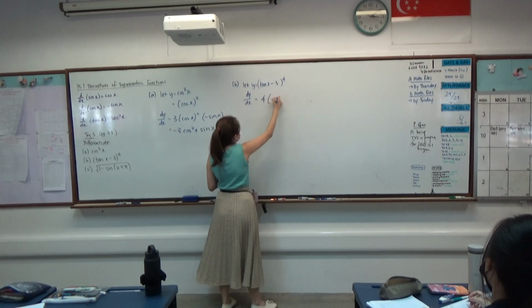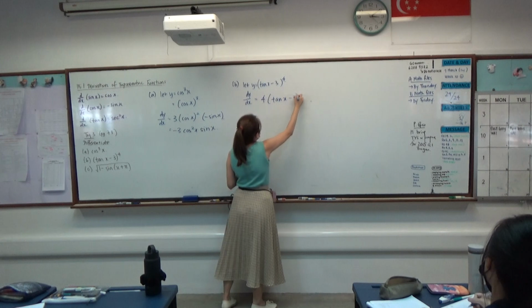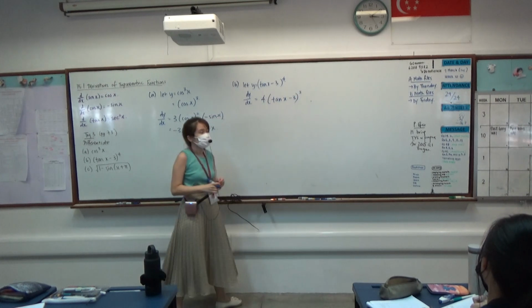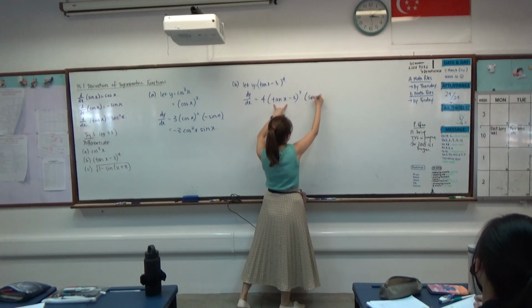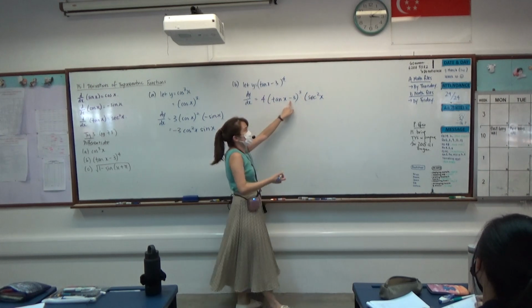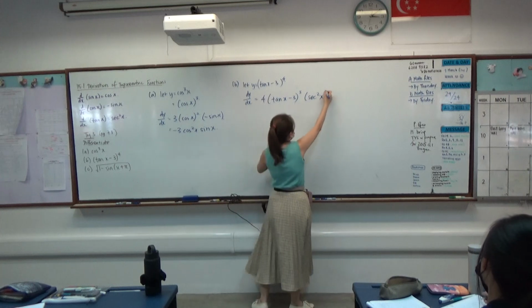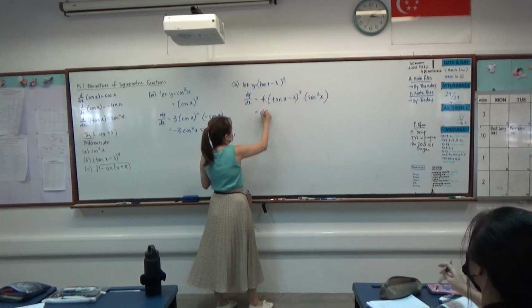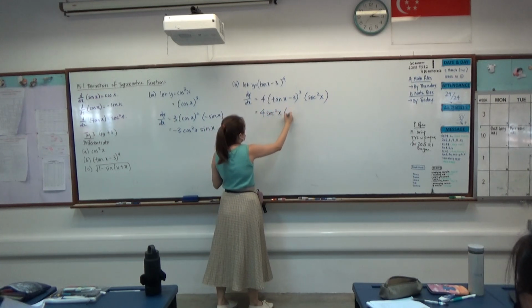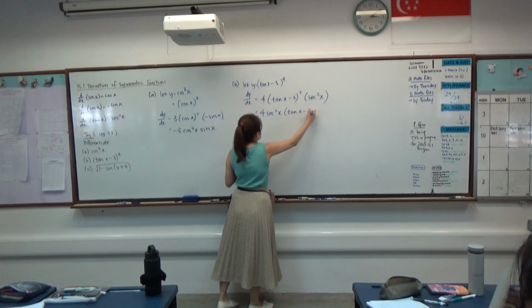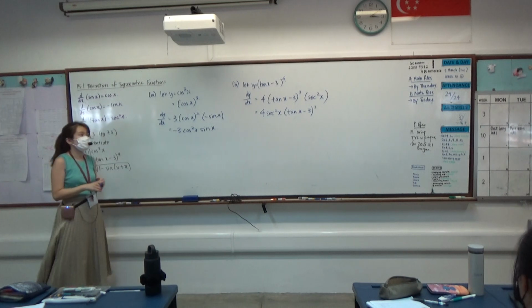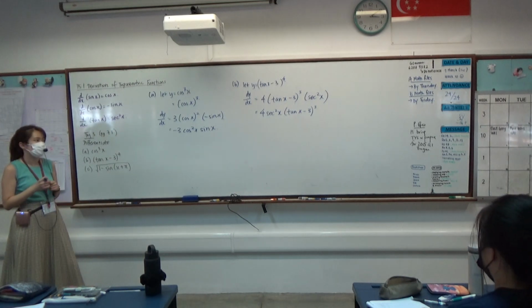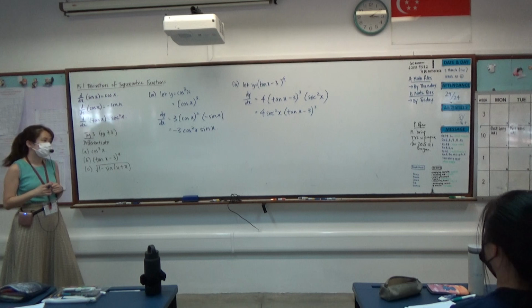So 4 times tangent x minus 3 to the power of 3. Differentiate the insides of the brackets, tangent becomes secant square x. Minus 3 becomes nothing. So we have 4 secant square x, tangent x minus 3 to the power of 3.